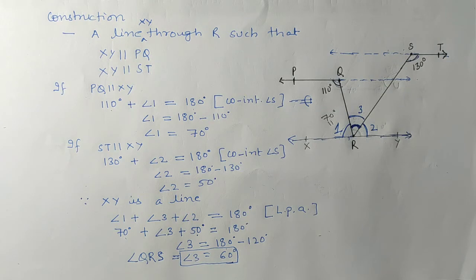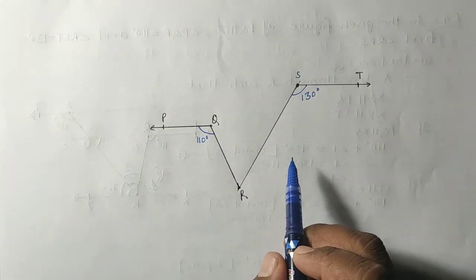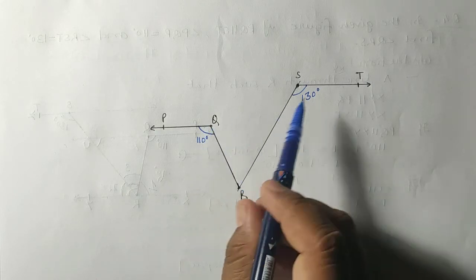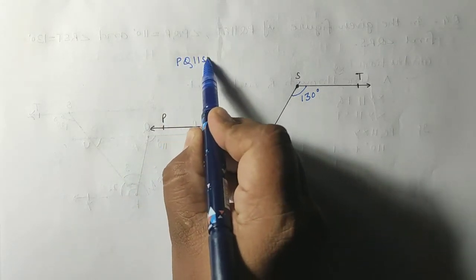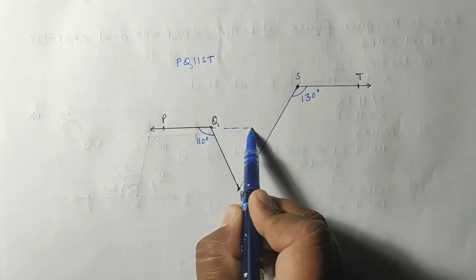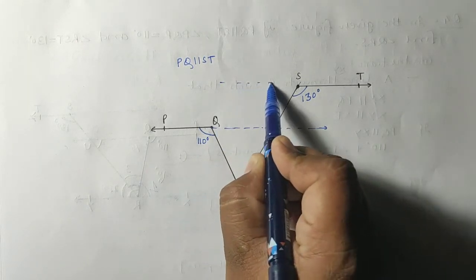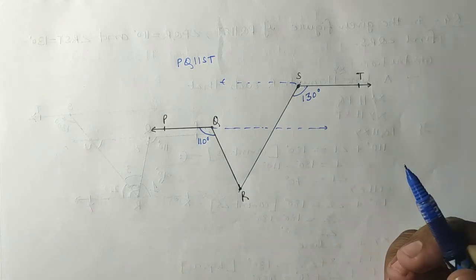Another method is there: this question we can also solve by the figure only. How will we solve? It was given that PQ is parallel to ST. So if PQ is parallel to ST, we have to extend this and this also. Then these two lines are parallel.